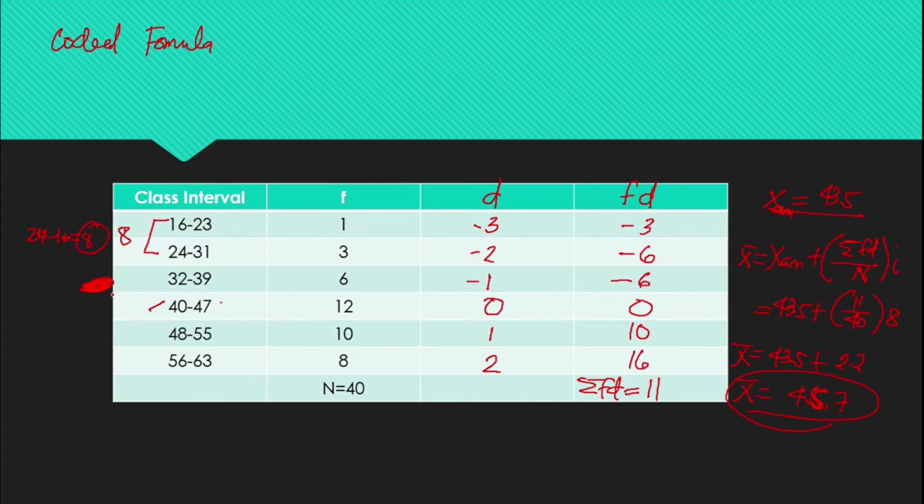Use this one as our assumed mean. You are going to solve using this class interval to find the mean. So that's all about the mean for the class mark and coded formula.